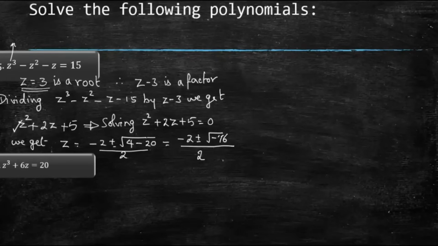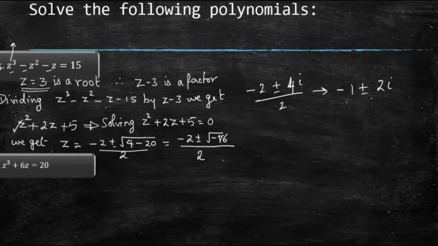You cannot factorize it, therefore you solve by using the quadratic formula, and you get (-2 plus or minus square root of -16) over 2. In simpler form it will be 4i over 2, and you can still simplify this to -1 plus or minus 2i, and you can still see they are conjugate pairs because the coefficients are real.